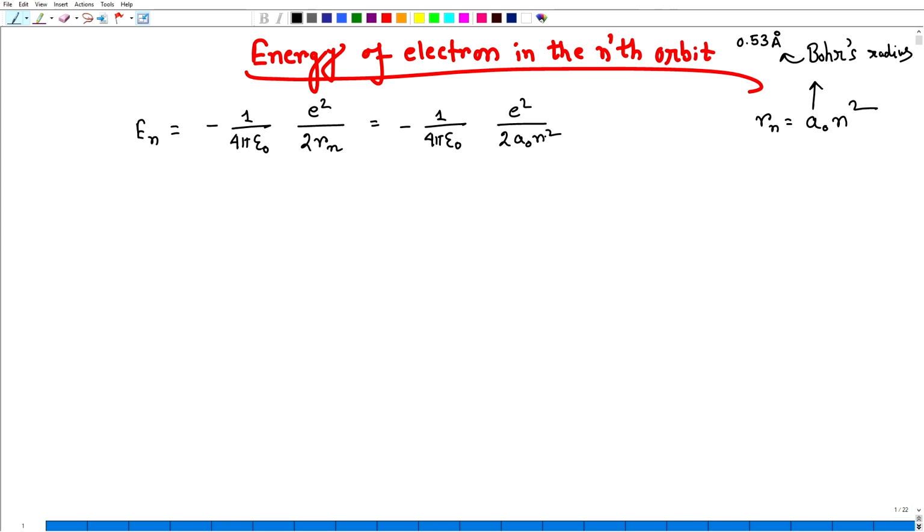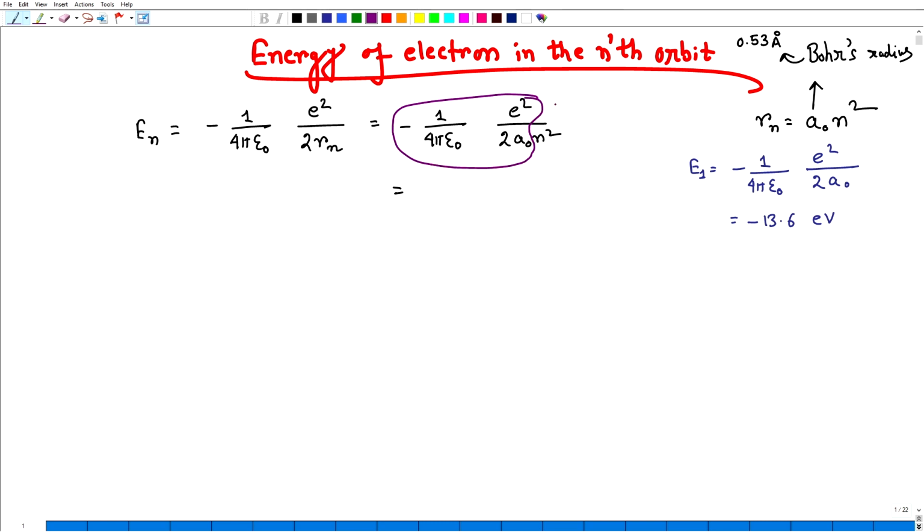Now from here we can write E1. We just have to put n equal to 1, then it will be minus e square divided by 4 pi epsilon naught times 2 a naught. You can see this whole part is constant, everything is constant here. As everything is constant, we can evaluate the value, which we have already evaluated in the last class: minus 13.6 electron volt.